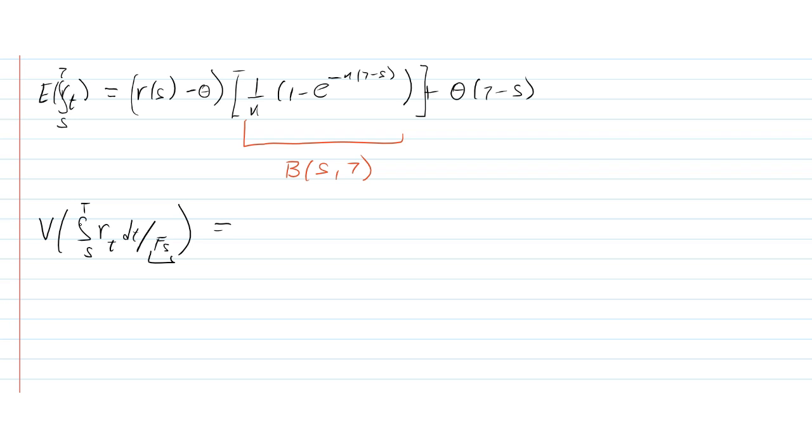So just to get the variance, remember what we said before. If you have a deterministic term and then you have a stochastic term, then they are independent, uncorrelated, so you just keep the variance. You can't keep the variance of the deterministic term.